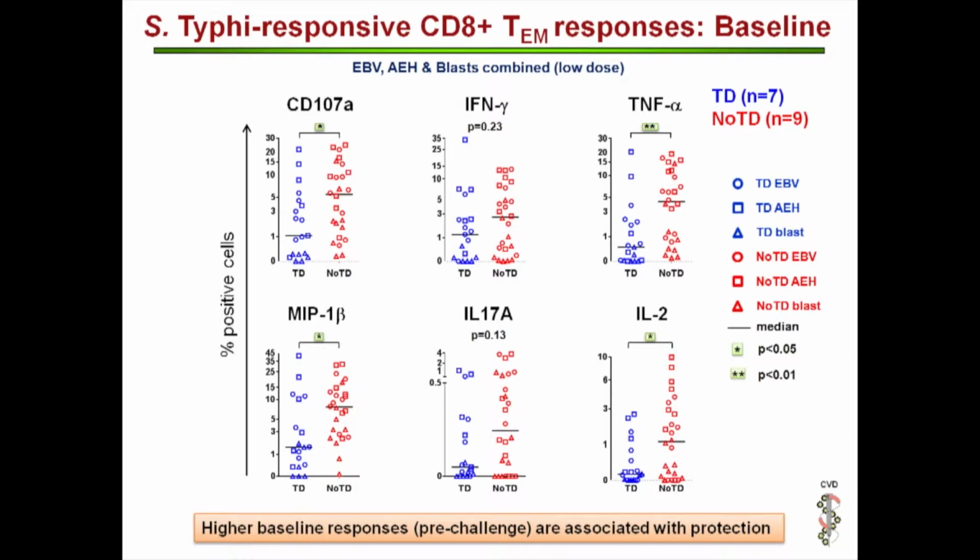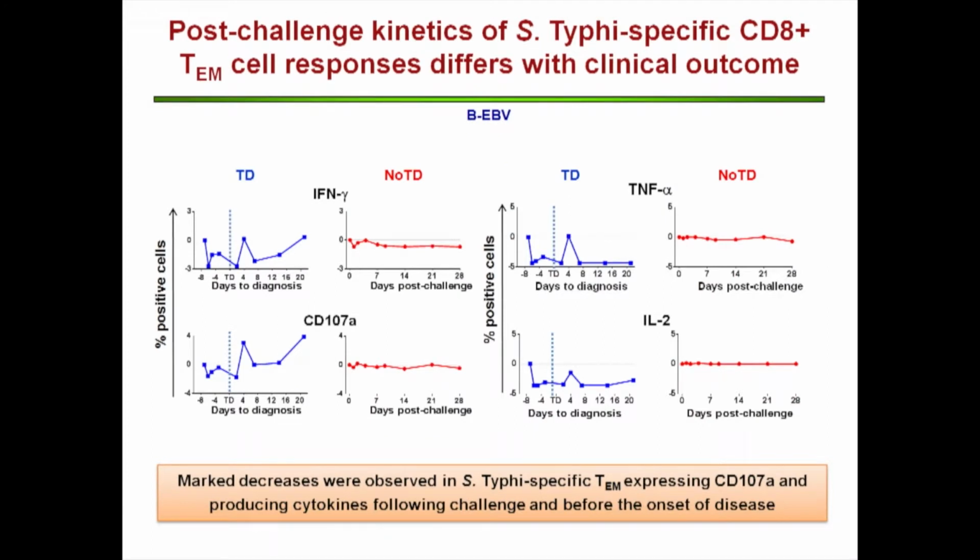Same thing for TNF-alpha, IL-2, MIP-1 beta, and even strong trends for interferon gamma and IL-17A, which are obviously critical responses, as we just heard, in the gut mucosa. But this is also very, very interesting and enlightening.